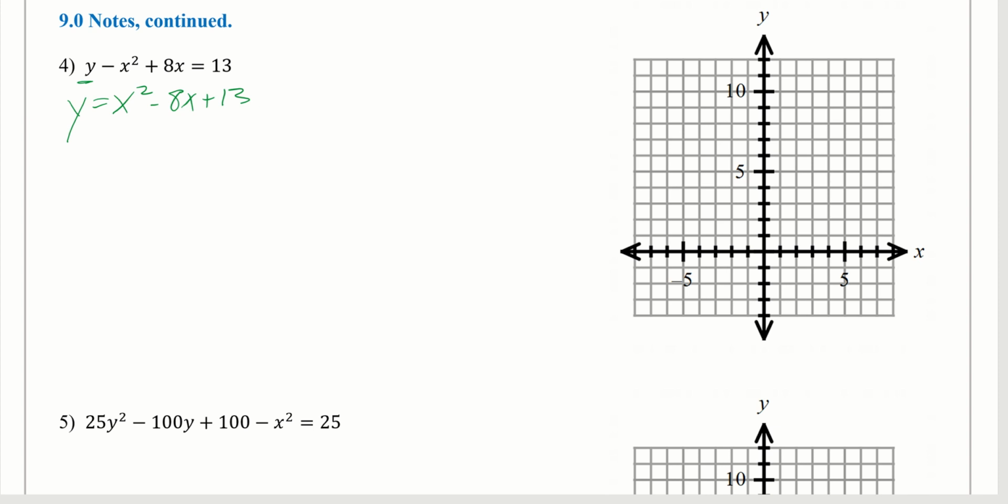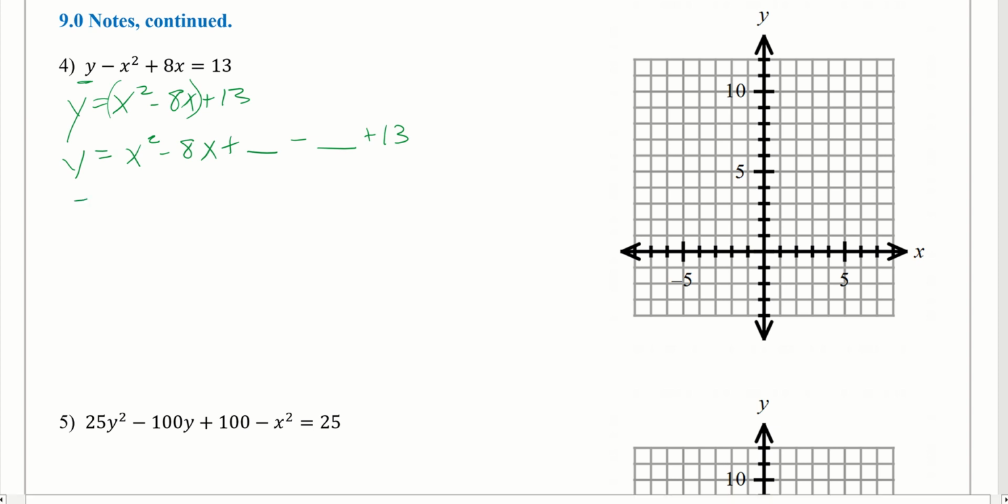Yes, there's the 13, but when I do the perfect square, completing the square, I'm going to group those two guys together. So y is equal to x squared minus 8x plus something. And this is what I was talking about earlier in the video. If I add it on the same side, I'm also going to subtract that same thing, so I don't change the equation at all.